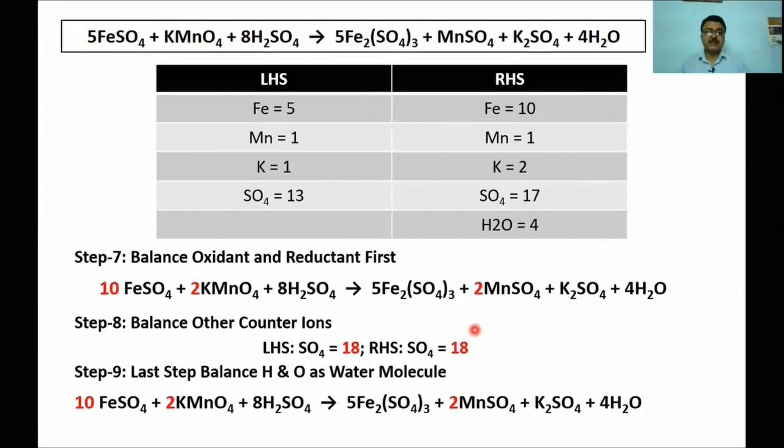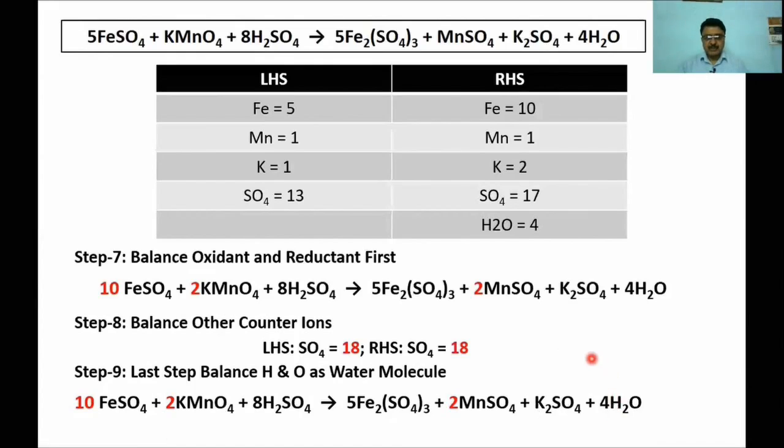Now, the last step is to balance hydrogen and oxygen as water molecules. So we can see here that iron, manganese, potassium are balanced. Now we have 8 oxygen atoms here and 4 oxygen atoms here. Likewise, we have 16 hydrogen atoms here, and here we have 8 hydrogen atoms.